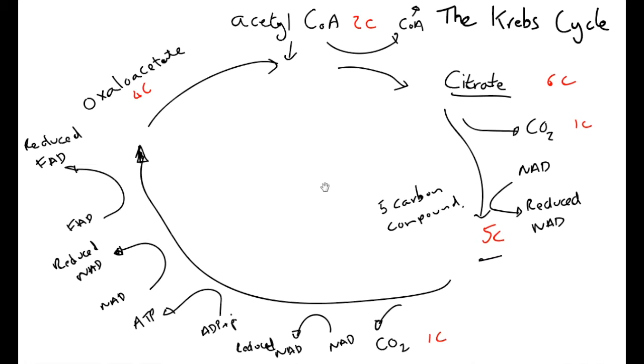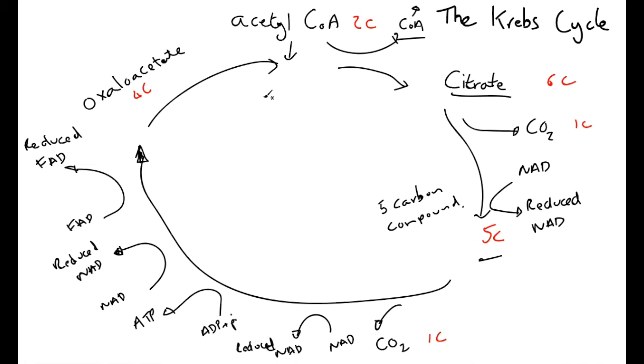So let's just talk about the products again. We've got our coenzyme A. It's important to remember that it leaves the cycle, so it's a product, and it leaves the cycle to go to the link reaction. Another product you get is oxaloacetate at the end, but that stays in the Krebs cycle. But it's still a product.